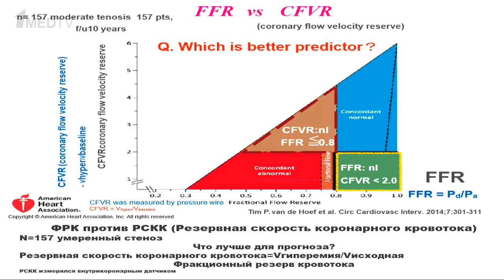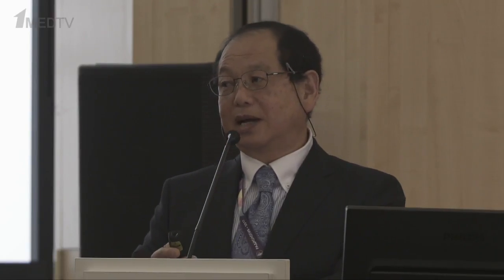The x-axis is the real FFR, and the y-axis is the coronary flow velocity reserve. That is coronary flow reserve by pressure wire. And there is a discordant area: FFR normal, but coronary flow reserve was worse. And the other discrepancy is the coronary flow velocity reserve was normal, and FFR is bad.